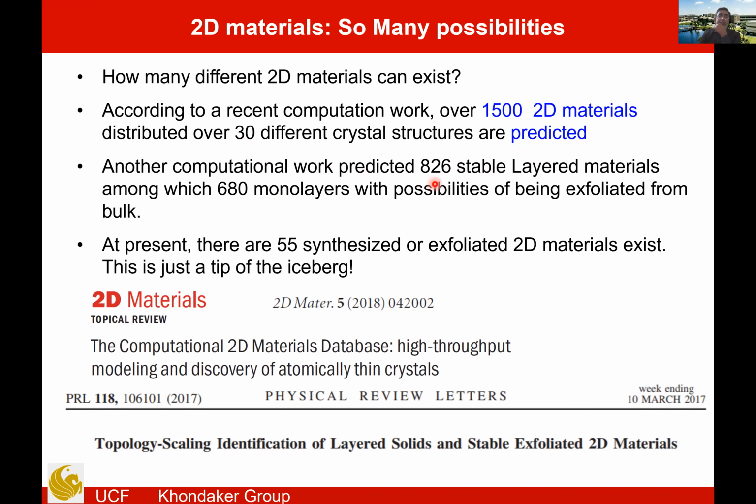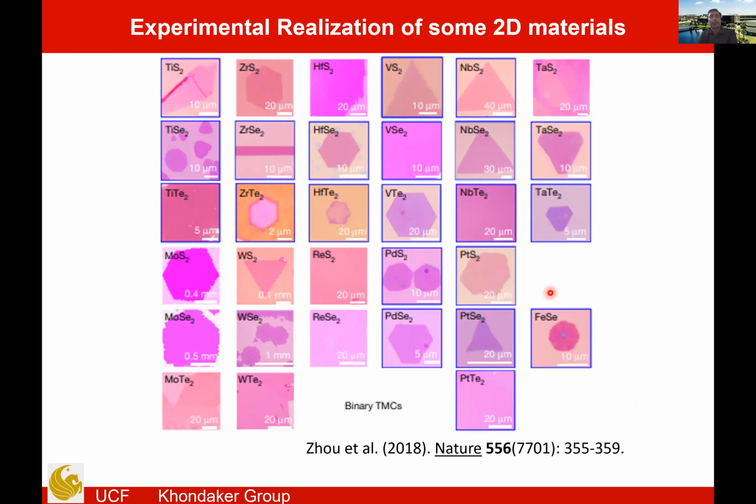The theoreticians told us that 826 of them are stable, of which 680 could be exfoliated from bulk crystal. So far, we are able to synthesize or exfoliate only 55, okay? So you can see this is the tip of the iceberg. There are a lot of things that can be done in this field. It's just at its infancy.